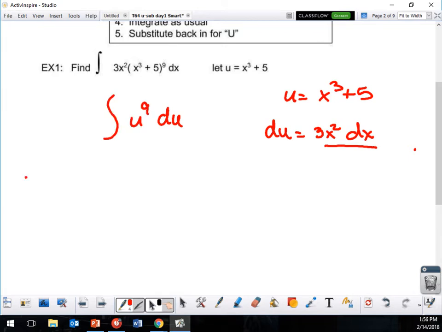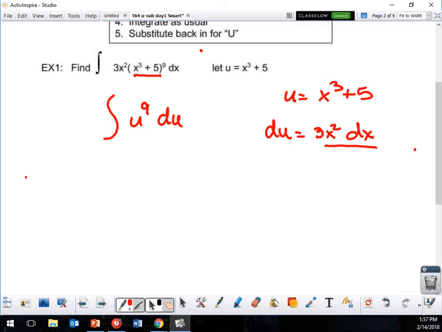Now I can do my integration here. All this right there is my u. I took that out and replaced it with u, but this still has an exponent of 9, so that's u to the 9th. Out front, there is a 3x squared and a dx.